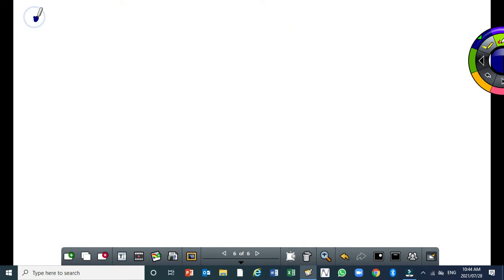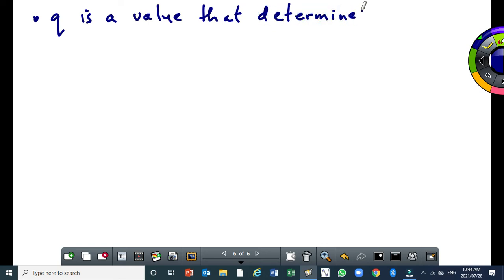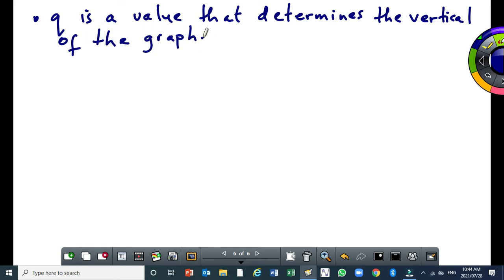Q is a value that determines the vertical shift of the graph.